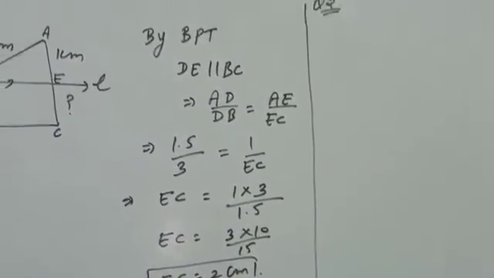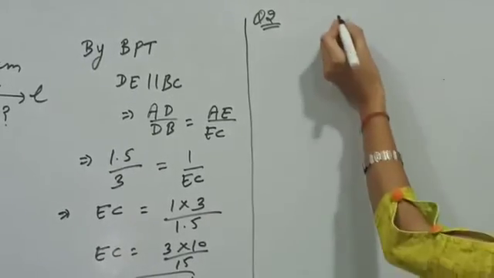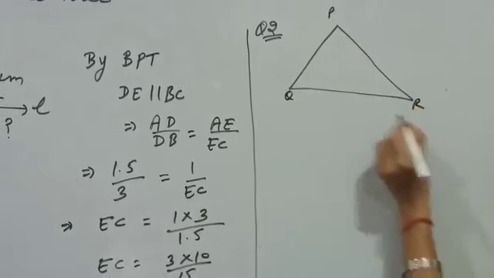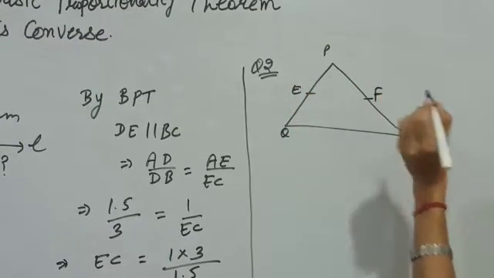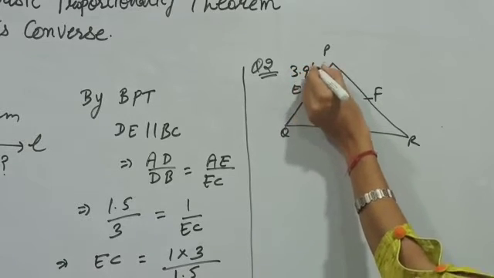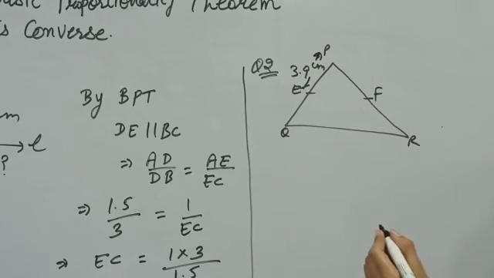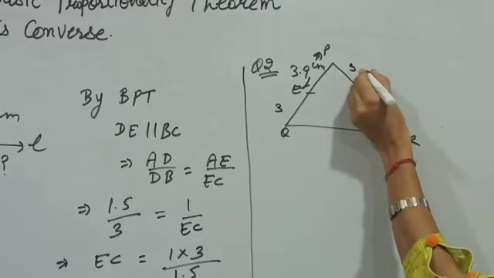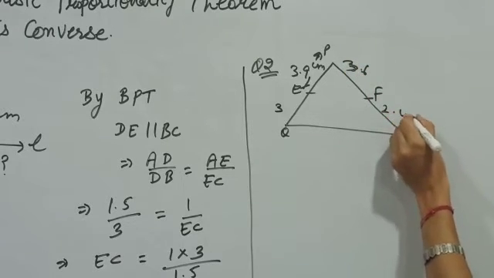Here the question says E and F are points on the sides PQ and PR of triangle PQR. In the first part, PE is equal to 3.9 centimeter, EQ is 3 centimeter, PF is 3.6 centimeter, and FR is equal to 2.4 centimeter.